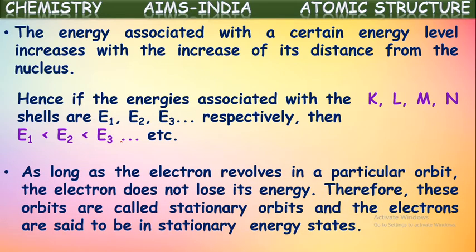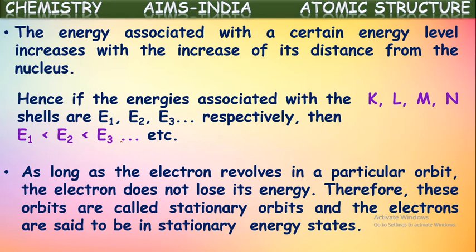As long as the electrons revolve in a particular orbit, the electron does not lose its energy. Therefore, these orbits are called stationary orbits, and the electrons are said to be in stationary energy states. Whenever an electron is revolving in a particular orbit, its energy is neither lost nor gained.